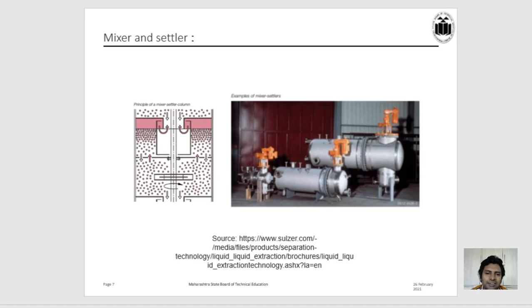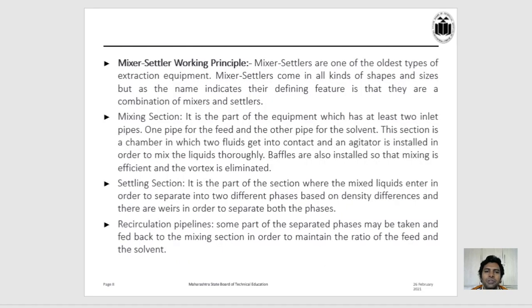Now for the mixer settler, we'll look in detail at the mixer settler column. Mixer settlers are one of the oldest types of extraction equipment. Mixer settlers come in all kinds of shapes and sizes, but as the name indicates, their defining feature is that they are a combination of mixers and settlers.